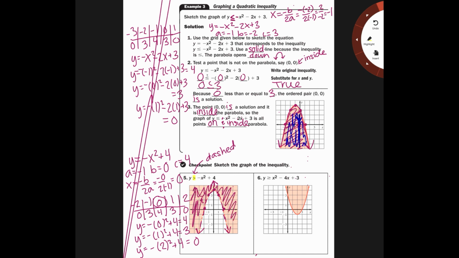If that made sense to you, you can do it that way. If not, you can test a point. Let's say we test this point here, 0, 0. So I get 0 is greater than negative 0 squared plus 4, which is 0 is greater than positive 4. Well, that's not true. So that 0 is not a solution, and it would not get shaded, so you would know you have to shade outside.